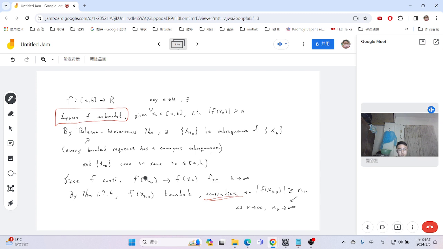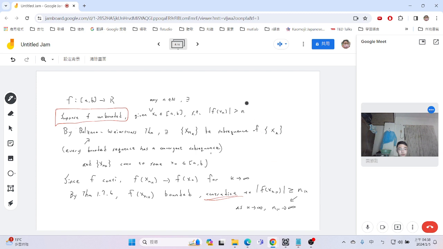But according to theorem 1.7.6, a convergent sequence must be bounded, which contradicts the absolute value of f of xnk being greater than nk. Therefore, the function is bounded.